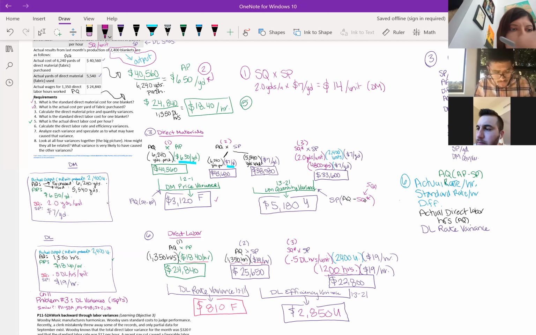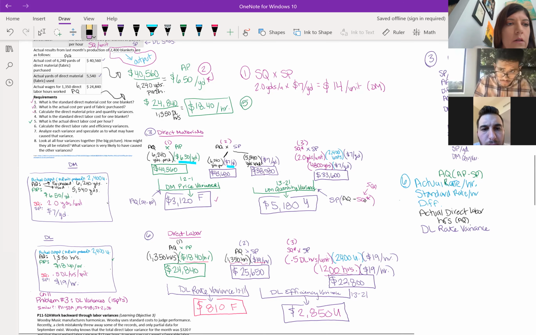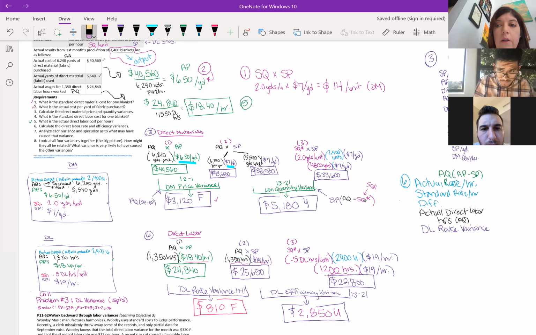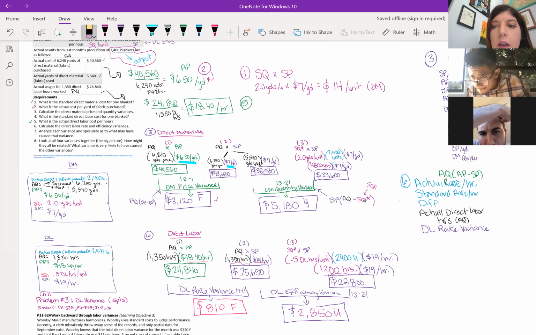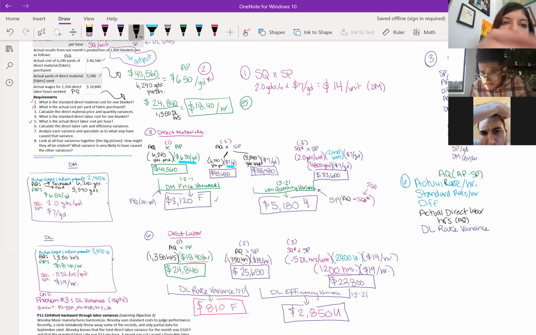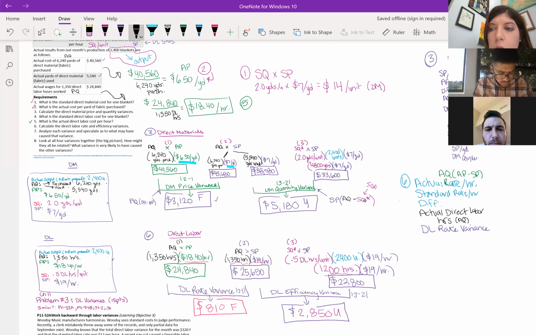Sorry, this is number 3. It continued. To calculate your direct materials quantity variance, actual quantity used, which was 5,540 yards.